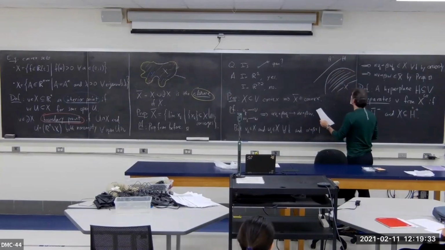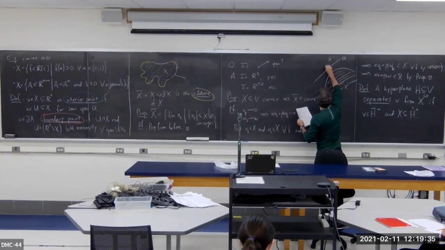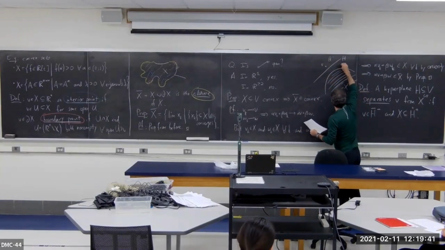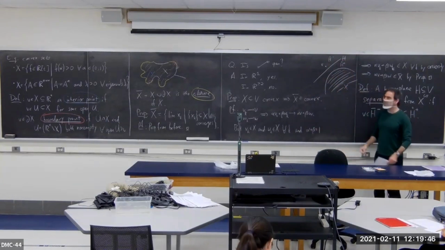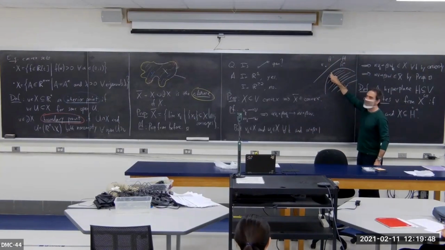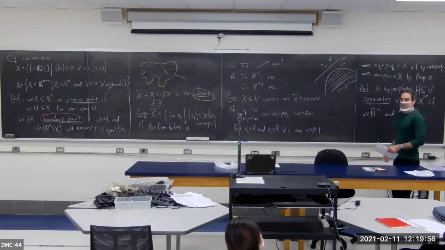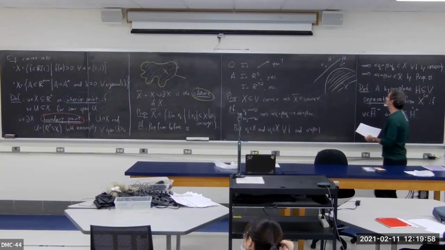What we want is that V lies over here and X lies over here, in the open half space. The point is that this closest point here can't lie on the hyperplane. This whole set has to be contained in the open half space on this side. Is that better, Nicole? Good.